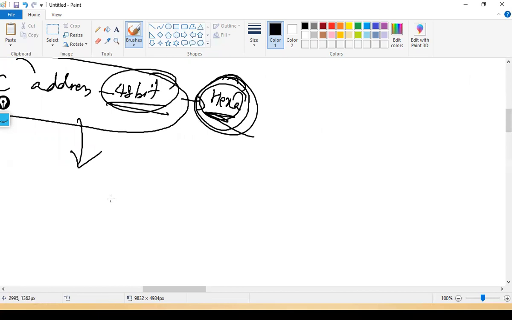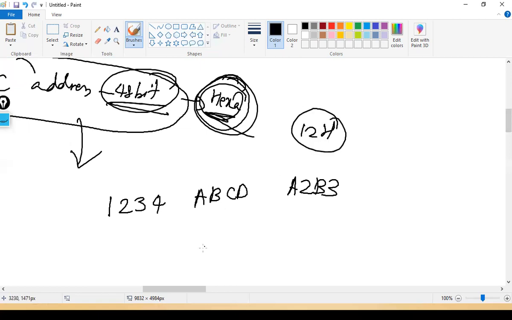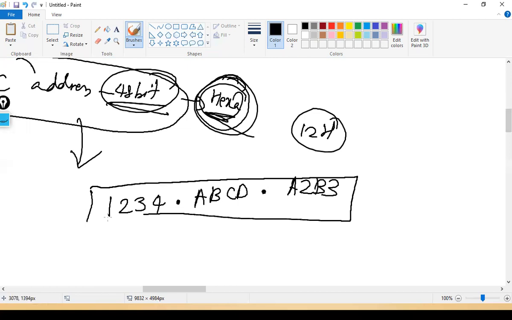Let me write an example of a MAC address: 1234, ABCD, A2B3. So I have written 12 hexadecimal values. Okay, and after every 4 hexa values, I'll separate them using a dot. So this is an example of a MAC address.